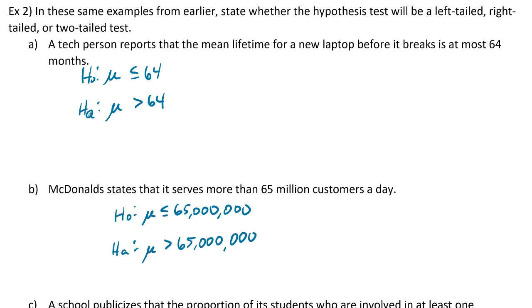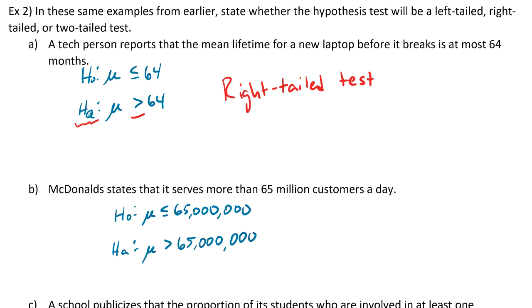So for example A, the one about the mean lifetime for a new laptop before it breaks, we just look at our alternative hypothesis. In this case, it is greater than. So greater than was a right-tailed test.